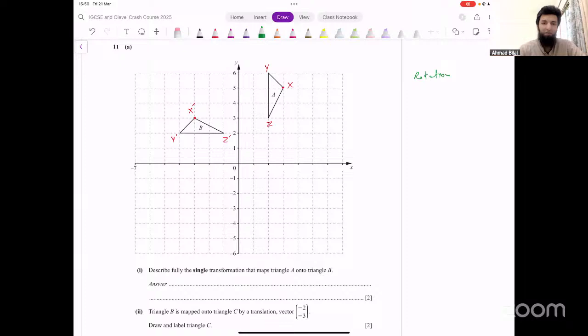You can do that if you want. But let's try it without that first, okay? And see if you can figure it out without that or not. Sometimes you can figure it out without it as well. If the center of rotation has integer coordinates, and that's mostly the case, you can just guess that as well. Okay, let me show you how. First of all, for guessing, you will need to think about what angle the transformation is happening at.